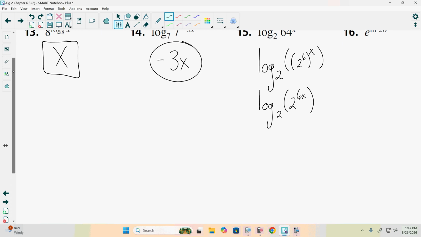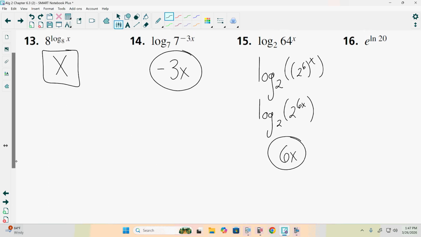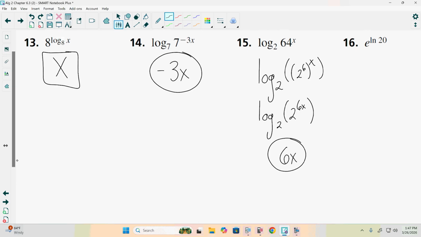Yes. Powers of powers multiply. So our 6 and x multiply together to give us the 6x. Log base 2 of 2 will simplify, leaving us with that exponent of 6x. Questions on this here?